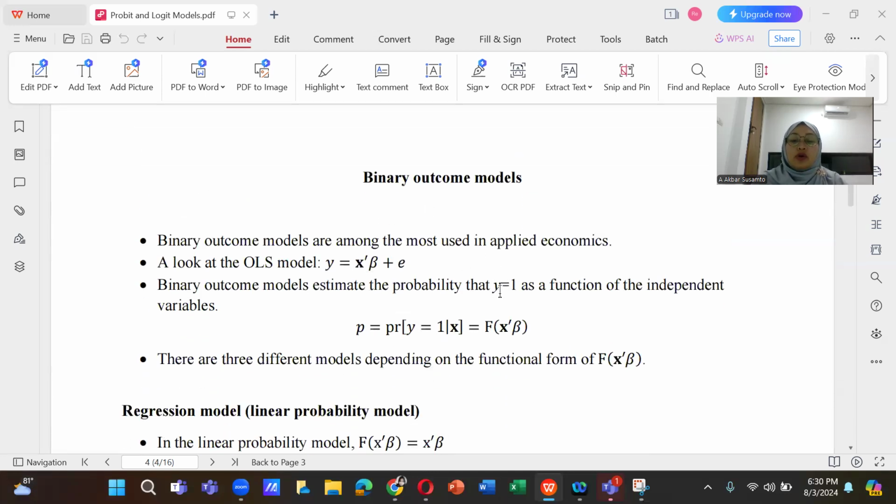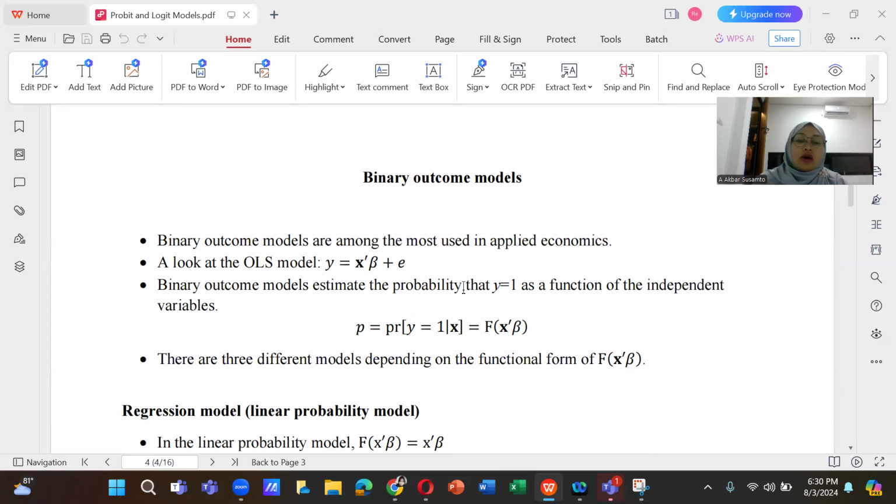We also overview the binary outcome models. Binary outcome models are among the most used in applied economics. We can also apply the binary outcome in the OLS model.